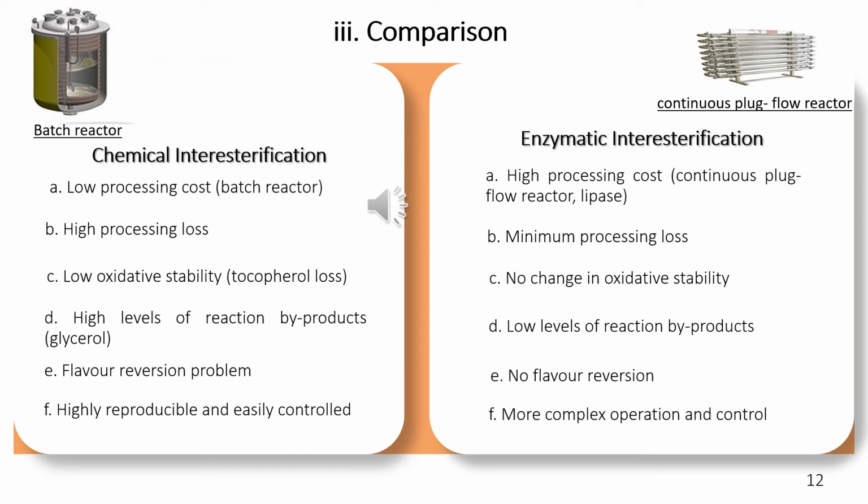In chemical interesterification, low oxidative stability takes place, for example the tocopherol loss, or the vitamin E. While in the enzymatic interesterification process, no change in oxidative stability takes place.